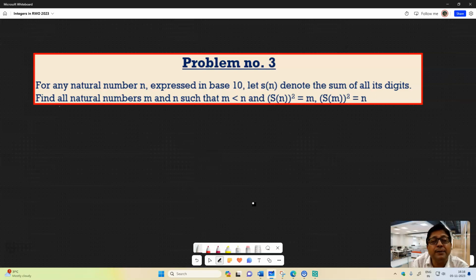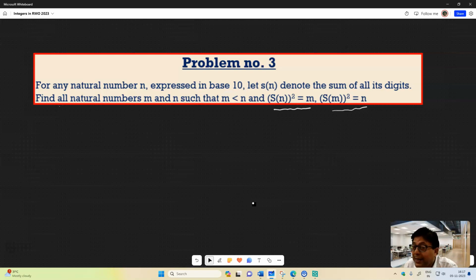Find all natural numbers m, n such that m is less than n. You must observe this part. And Sn square equal to m, and Sn square equal to n.